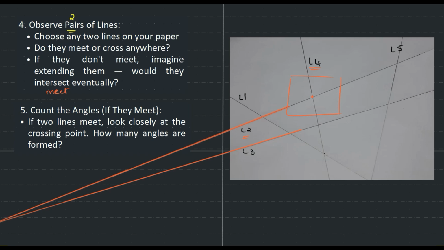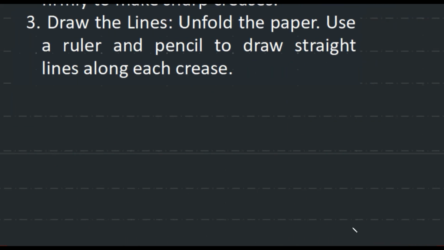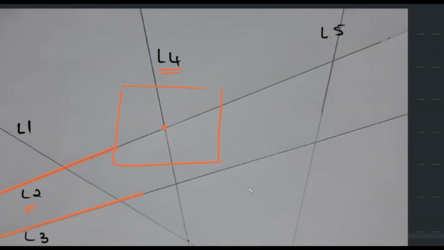Let me zoom in for you guys. This is very important. This is the first thing you'll learn. Very simple, but important. We need to count the angles. So there are 4 angles. Can you figure out what the 4 angles over there are? Are you able to imagine?